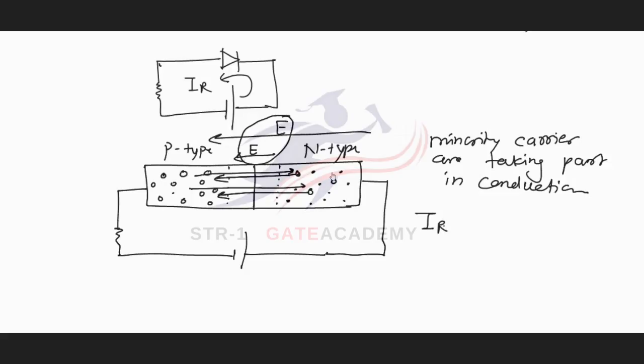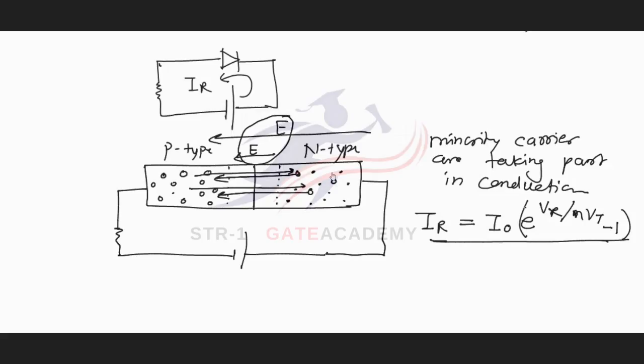As minority charge carriers are taking part in conduction and as their concentration is very low, the reverse current IR is very less. Sorry, I have made a mistake while defining the current in forward direction.